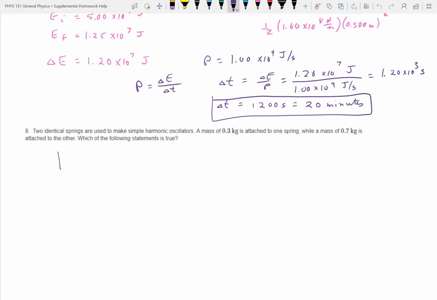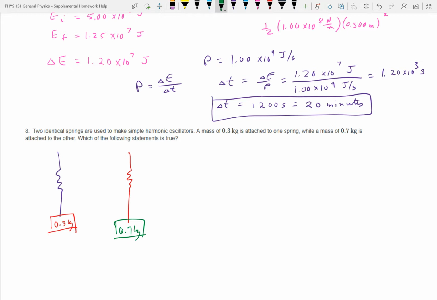So there's my two pictures. We have a bunch of statements that I didn't copy because I wasn't thinking about it.